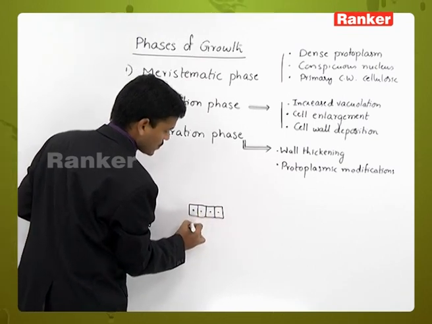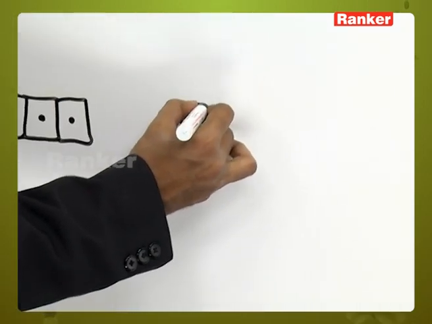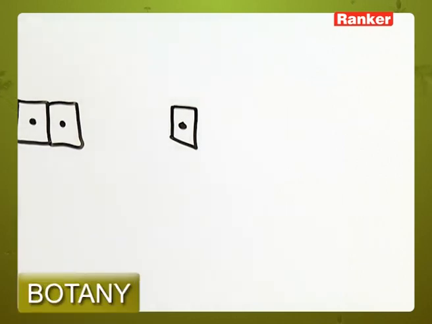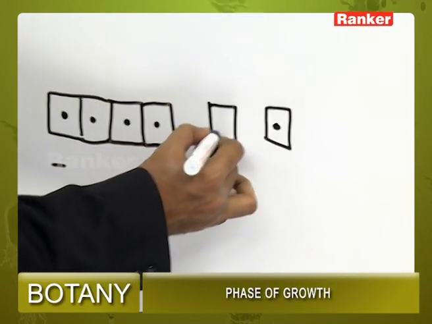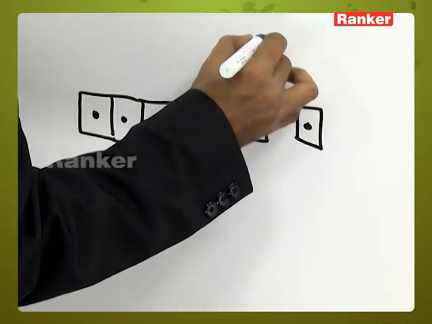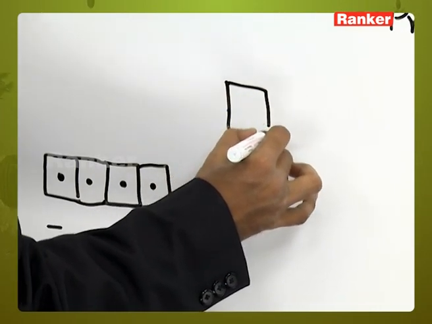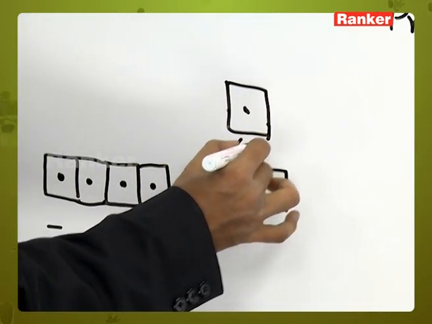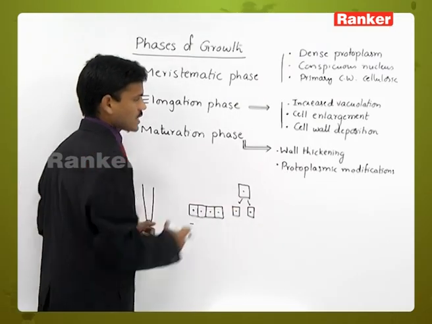For example, one mother cell divides and produces two daughter cells.